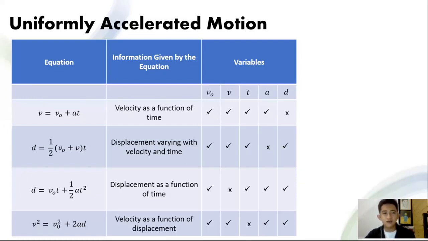So we can identify the velocity if we have a given displacement and a constant acceleration. Here, we don't have the time. Let's go into our first example.